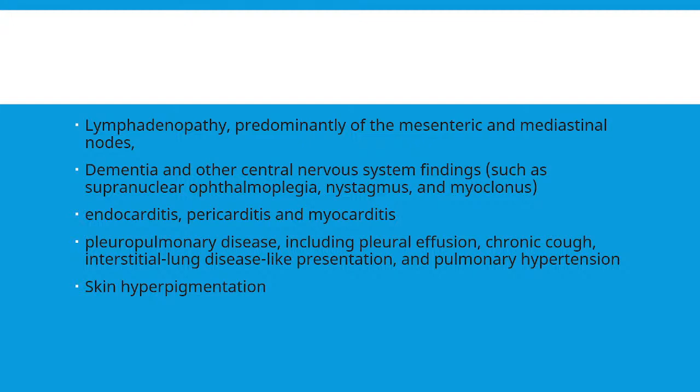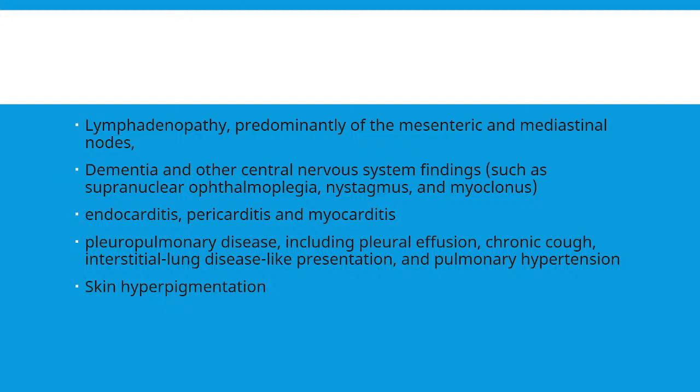Then if we look at the cardiac system, then endocarditis, pericarditis and myocarditis can be there. Then we have pleuropulmonary disease including pleural effusion, chronic cough, ILD-like presentation and pulmonary hypertension. Okay. Then there can be skin hyperpigmentation.